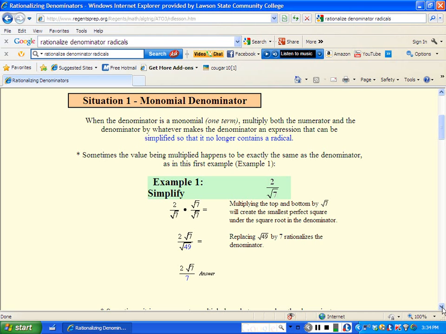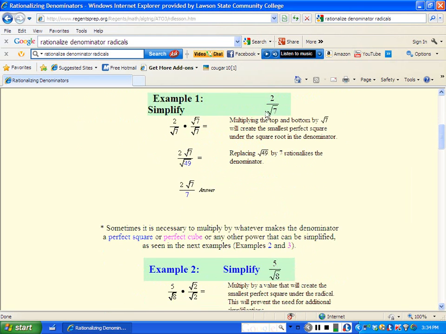Let's look at the first example. The first example is 2 divided by the square root of 7. As you can see, square root of 7 cannot be simplified any further, but there is an issue that the radical is in the denominator.